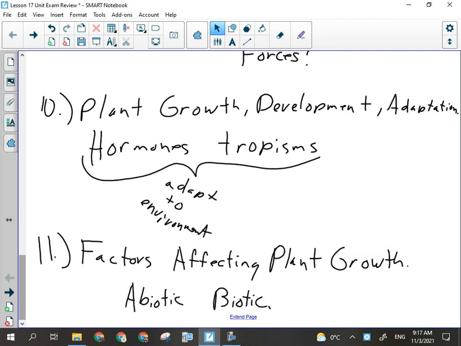Factors affecting plant growth, biotic, abiotic, expect a few multiple choice questions on that.